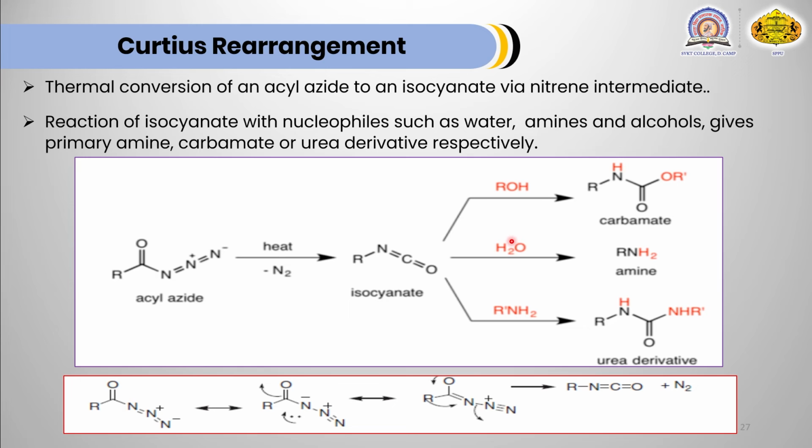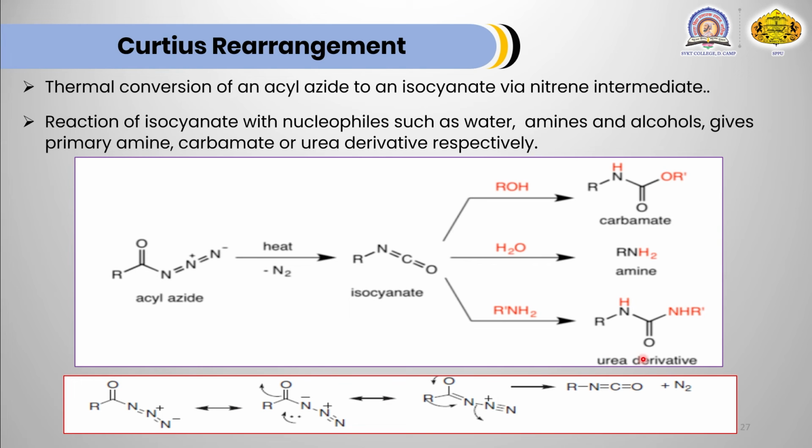On treatment with alcohol, there is formation of carbamate as the product. When it is hydrolyzed by water, there is formation of amine, and when another amine is used for the reaction, there is formation of urea derivative.